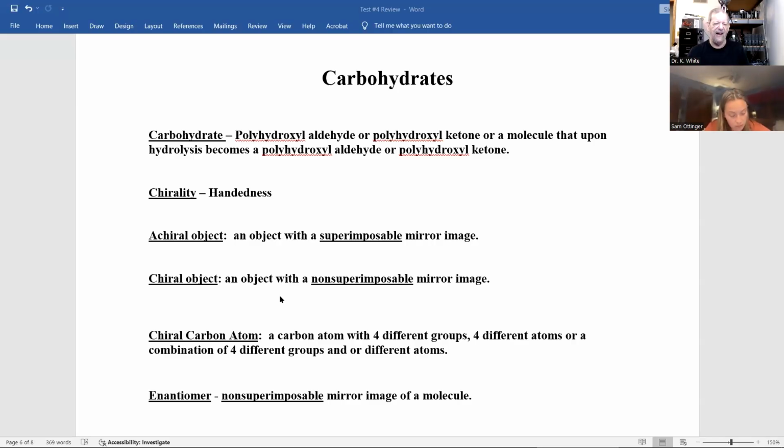Now, a chiral object is an object with a non-superimposable mirror image. And that means if you have the mirror image, they're not superimposable. An example of that are my hands. My right and left hands are mirror images, but they're not superimposable.